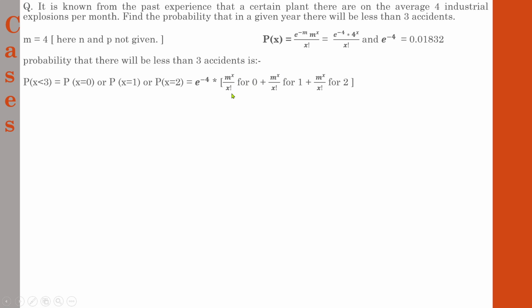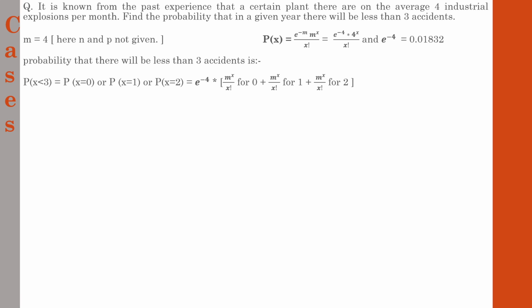This part will be different for each of these three cases. So let us bring those items within the brackets and bring e raised to minus 4 outside as a common factor. So m raised to x divided by x factorial for 0, and m raised to x divided by x factorial for 1, plus m raised to x divided by x factorial for 2. This is how you have to do the computation.